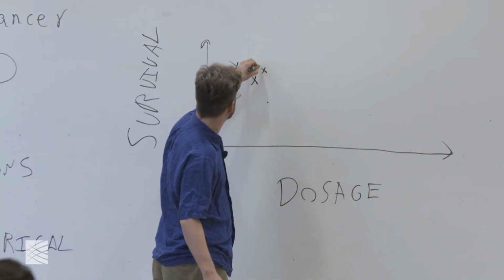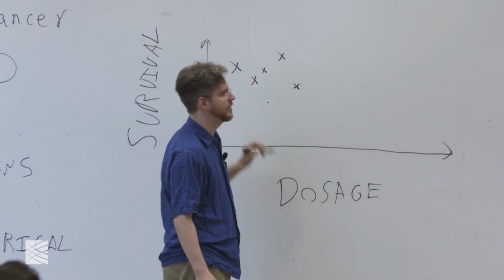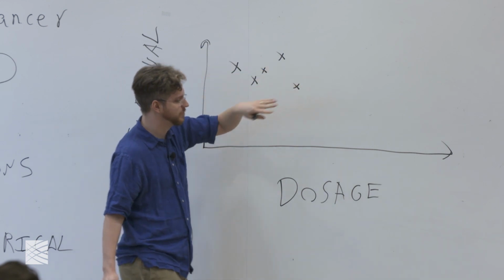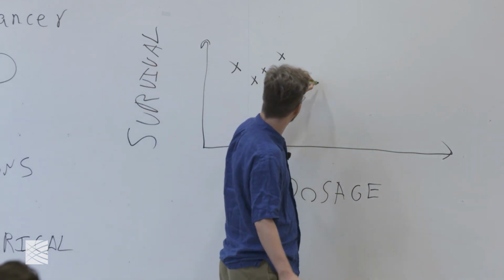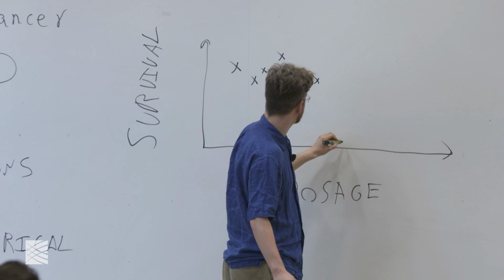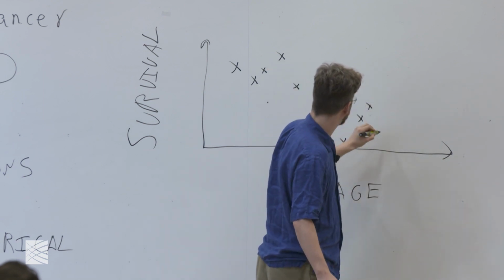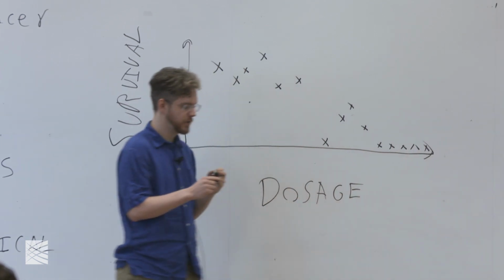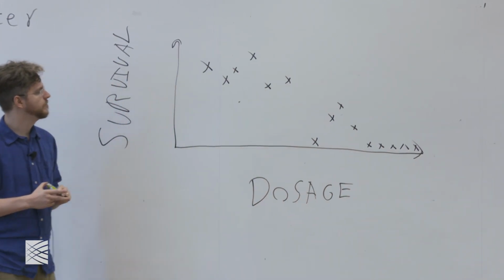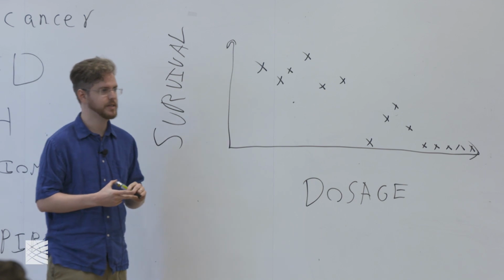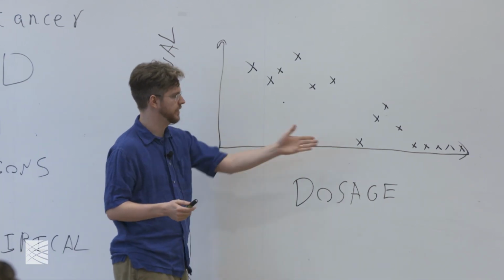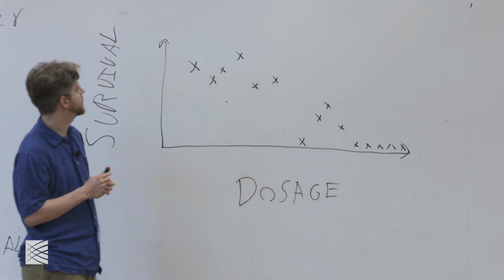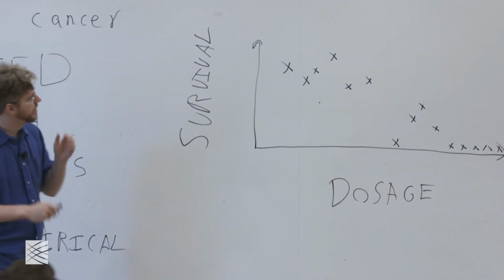At these dosages, there's a lot of noise on the line, technical artifacts, so it's not like you're going to get smooth answers here, but you'll get all kinds of different things. Maybe you get something down here. Eventually, if you give a high enough dosage, basically all the cells die, and you can tell, because the survival coefficients are really low. So this is the data that we want to look at.